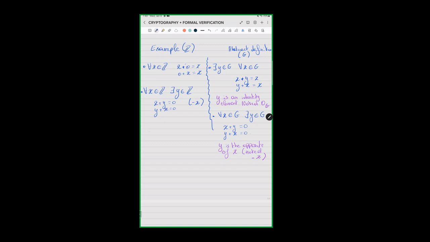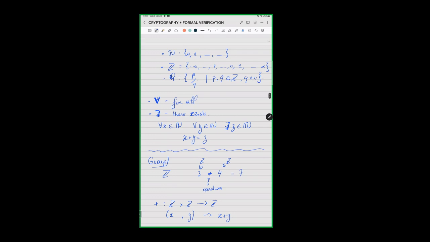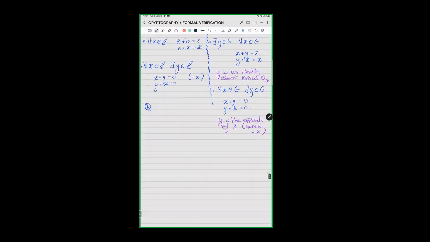If you take the rationals, as a reminder, the rationals are all the fractions. Let's take, for instance, 1.5 on the right.